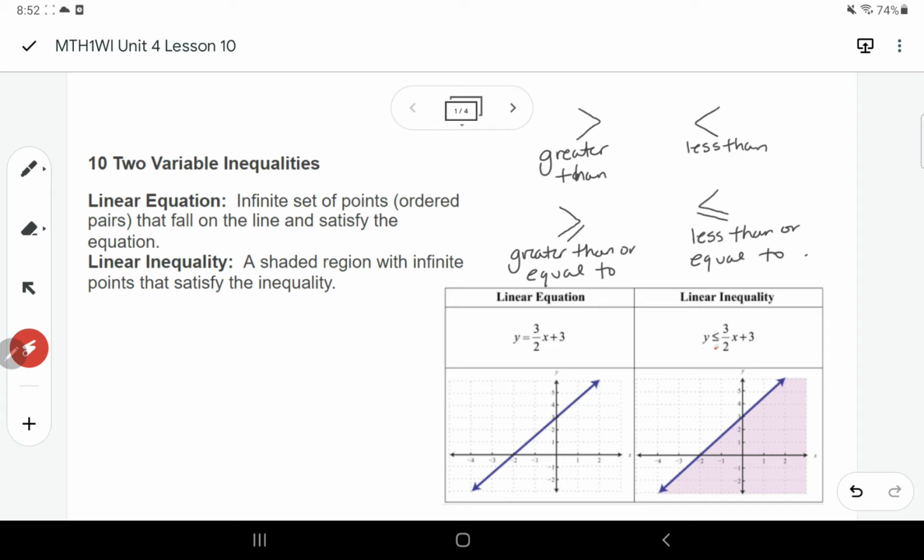Y is less than or equal to 3 over 2x plus 3. So that means that the y values could be anywhere less than or equal to this line. So there's this straight line, the same as there, but then we're going to shade an area of the graph to show that all of those y values would be less than or equal to that.